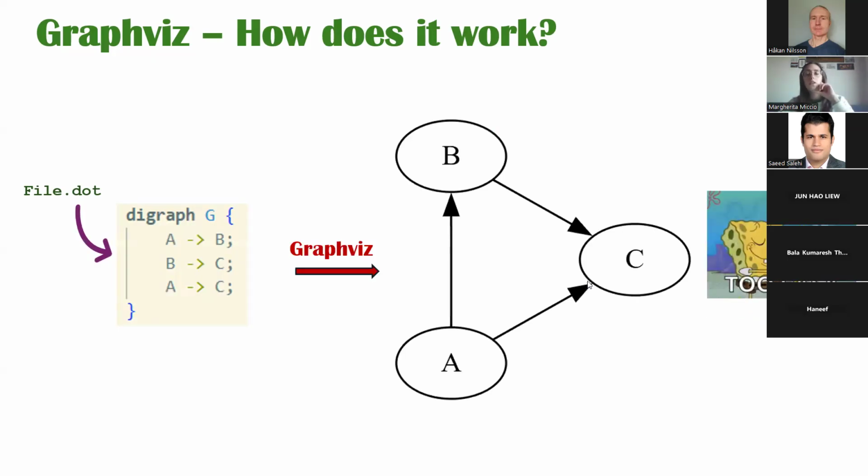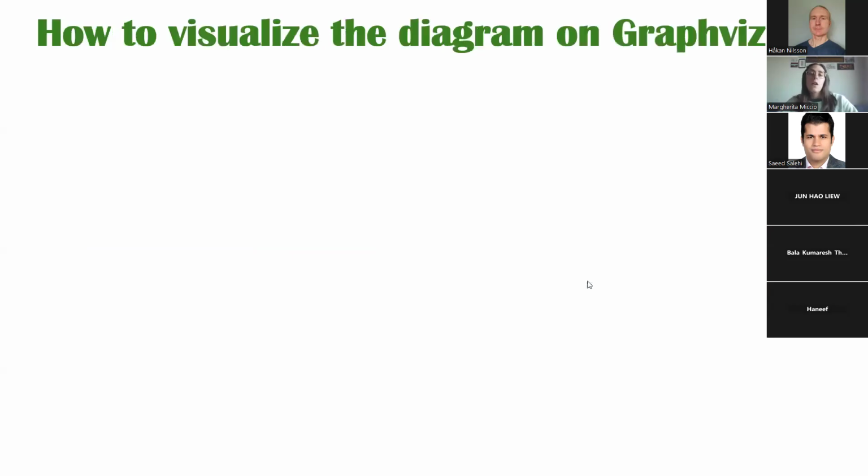It will give a visual interpretation like this one: three nodes that are connected by arrows, where we clearly see how the flow is proceeding toward, for example, C.